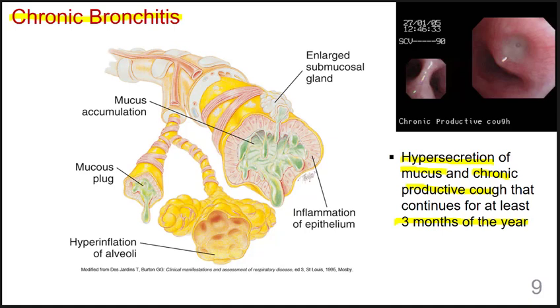So what's involved in chronic bronchitis? Well, here we have the bronchioles that are shown, and then you can see the alveoli at the end. When we talk about chronic bronchitis, we see this inflammation and thickening of the mucous membrane, evident in this image here, all this mucus production.